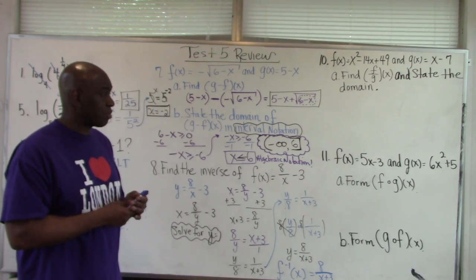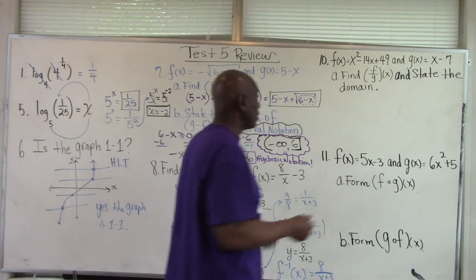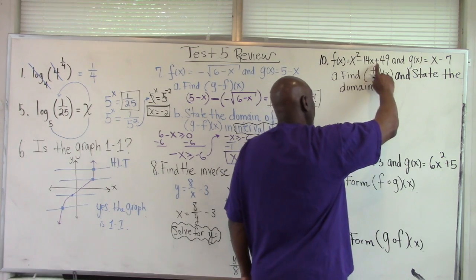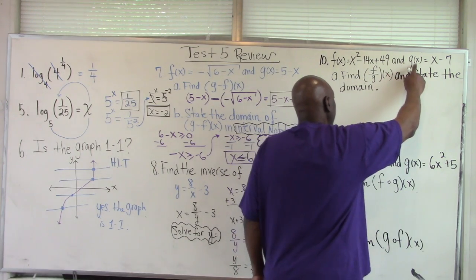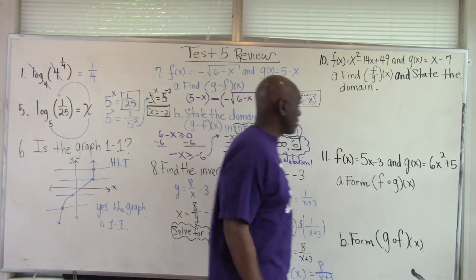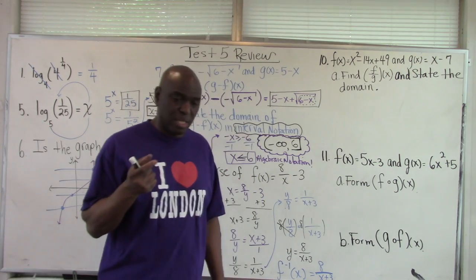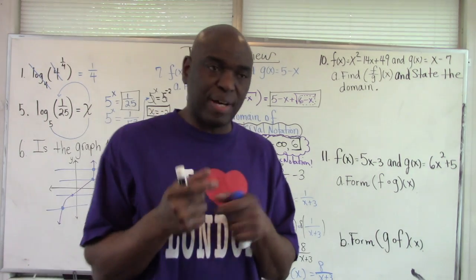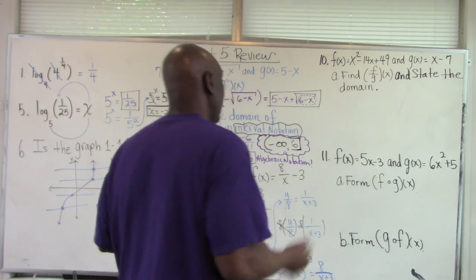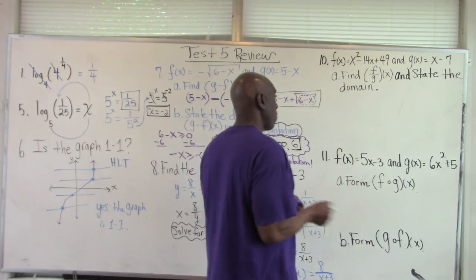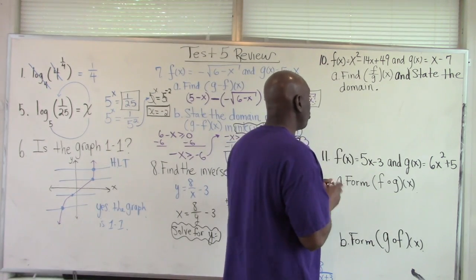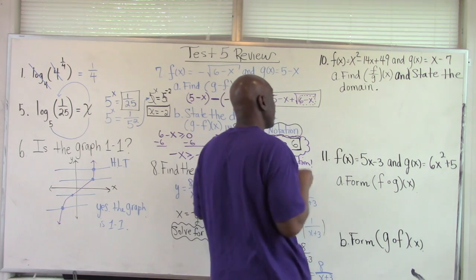That's the inverse. Alright, f of x equals x squared minus 14x plus 49, and g of x is x minus 7. Find f divided by g of x, then state the domain. Alright, so notice this. My numerator is f.